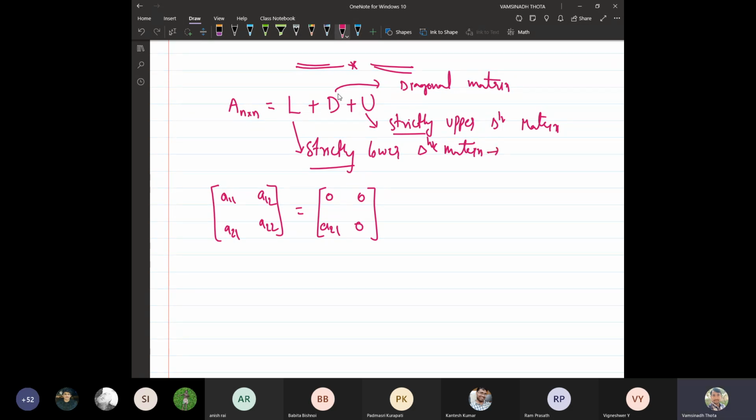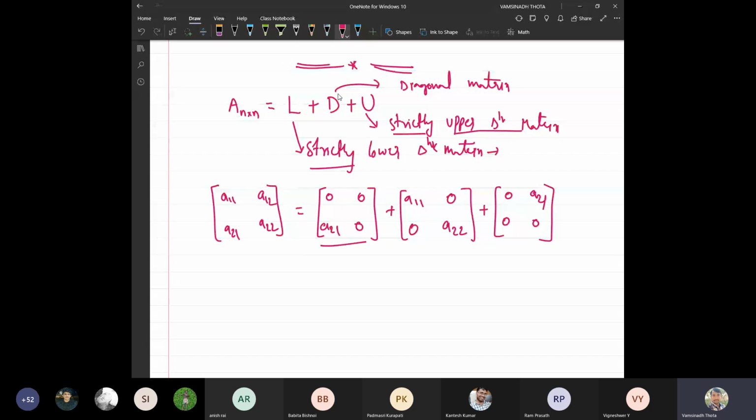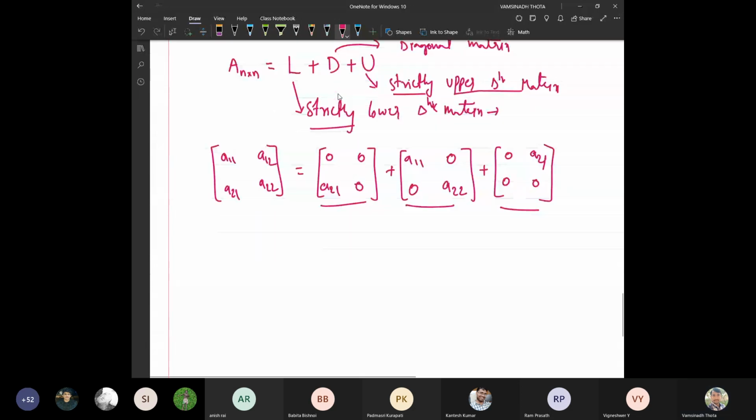Strictly upper triangular means it is an upper triangular matrix in which all the diagonal entries are 0. So for this matrix, we have a strictly lower triangular, the diagonal, and a strictly upper triangular matrix.